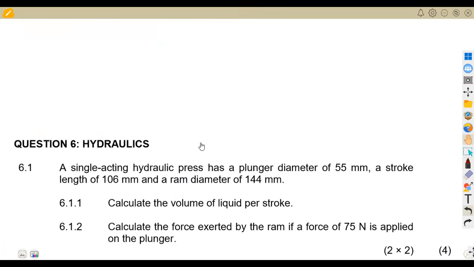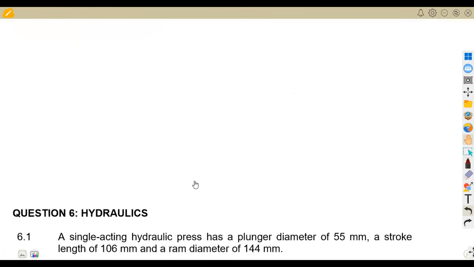All right, we've got the information that we're going to consider on the ram, and also the information that we're going to consider on the plunger. Like I say, please list down your information, write it down so that you understand what the question is all about. So this is 6.1.